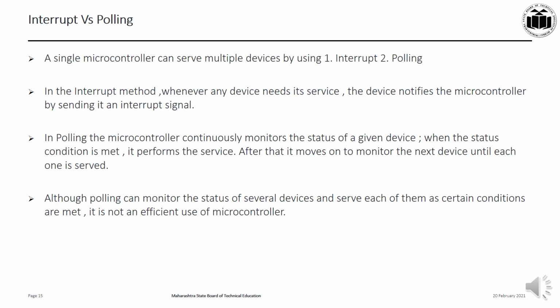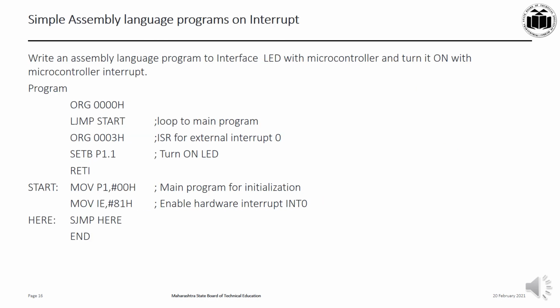So in order to avoid tying down the microcontroller, interrupts are used. Now we will try to write an assembly language program to interface an LED with the microcontroller and turn it on with a microcontroller interrupt. First of all, we will use the LJMP start instruction to jump to the main program.